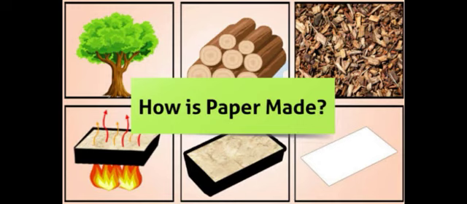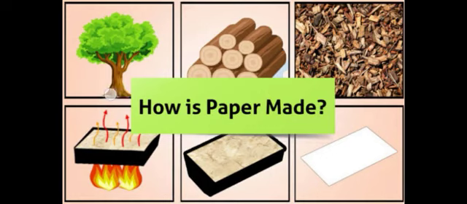They are using some process to make it into a pulp, and after the pulp is converted into paper, the letters are printed. If it is your book, the letters are printed in the book, and after all the printing is over, it is bound and laminated, and then only we receive our book. This is the process we undergo in making paper.